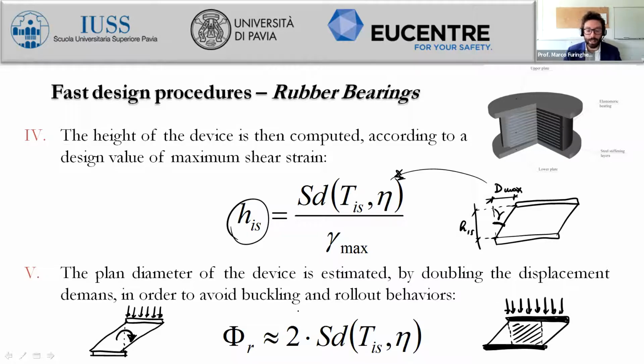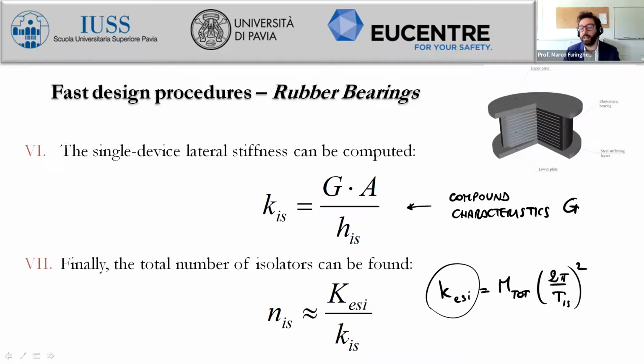And then you just guess twice the displacement demand for the computation of the flange diameter, and then you have obviously to assume a certain compound characteristic in terms of shear modulus, and that's it.